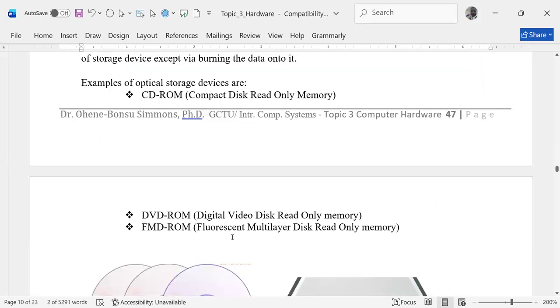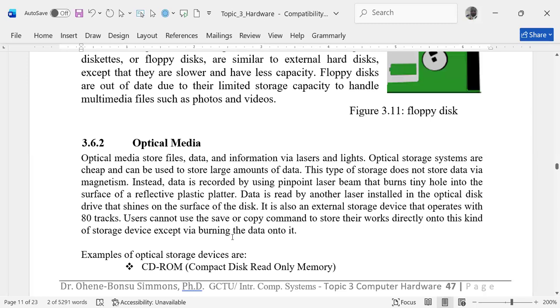This is optical, normally called CD, DVD. It's also a secondary storage that supports you to store your files, data, information, or whatever via a technology called laser beams. With this media, you cannot use the save command to store your work directly on it. It's very hard.